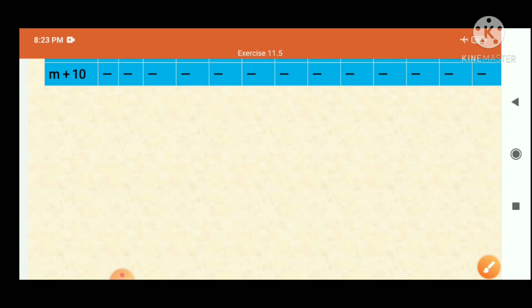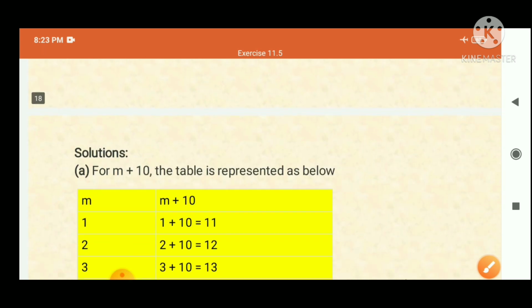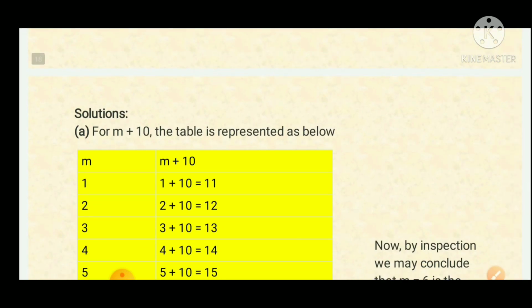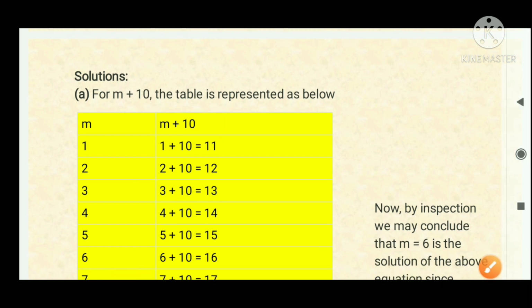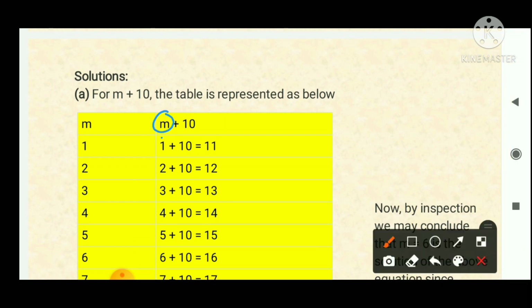So let's see the solution for this equation. For m plus 10, the table is represented as below. If we put the value of m equal to 1, then we get m plus 10 is equal to 11. If we put the value of m equal to 2, 2 plus 10, we get 12.